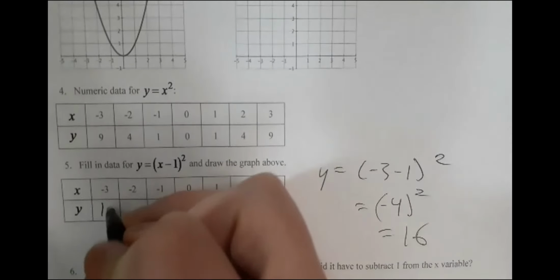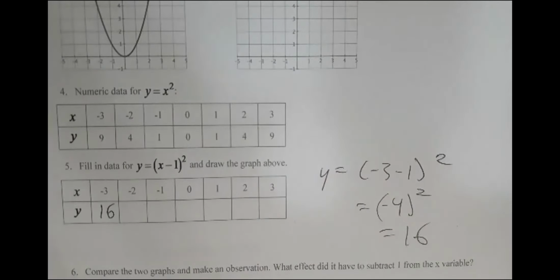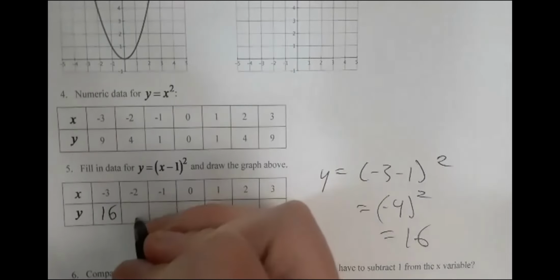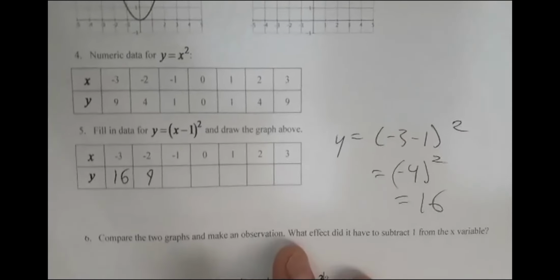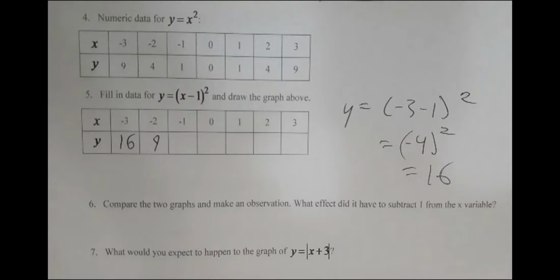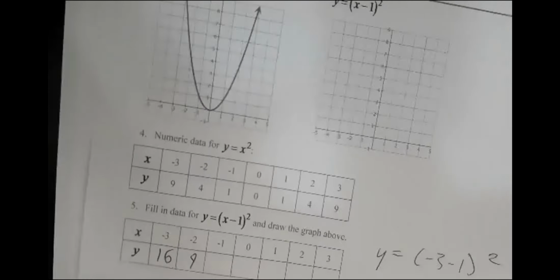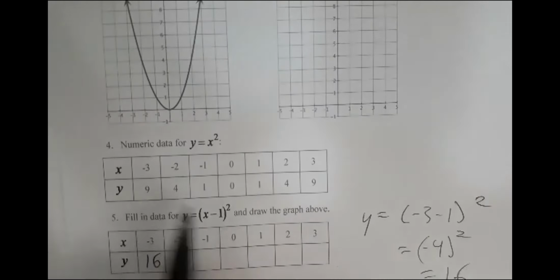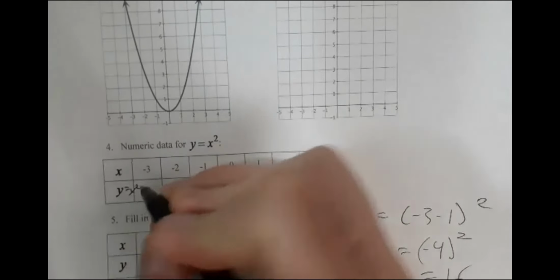But if we throw in minus 3, I think we're going to get 16. Minus 2, I believe we're getting 9. If you want to do it that way, that's okay. But what I want to think about is we have this square pattern happening. And this is the y equals x squared function.